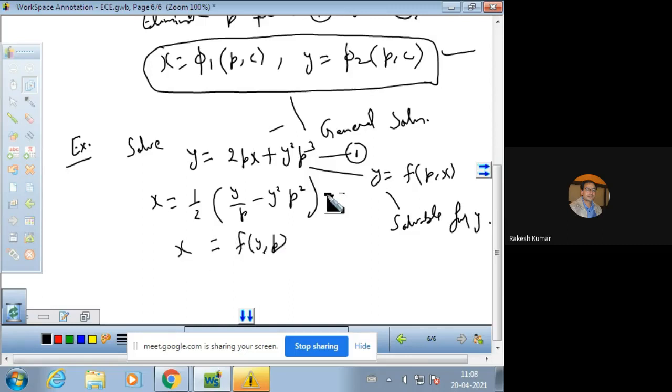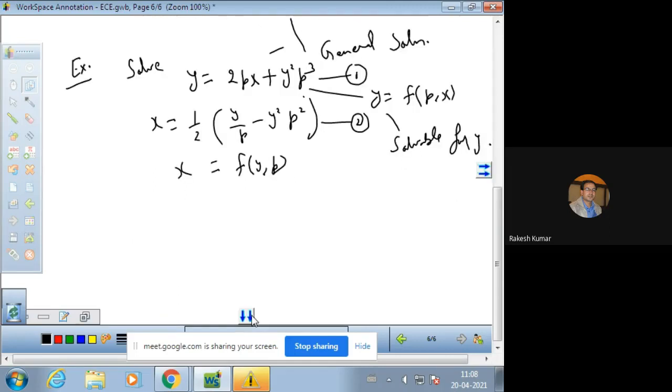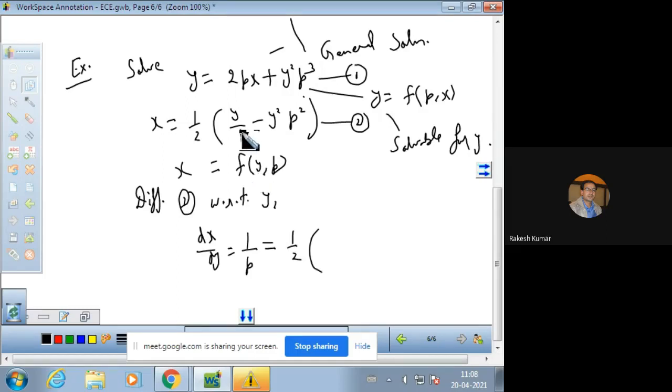Now x is a function of y and p. It is clear. So you can give this differential equation as number 2. Now you can differentiate 2 with respect to y, and dx over dy will clearly be 1 upon p. So you can write 1 upon p is equal to, let us find the derivative with respect to y on the right hand side.